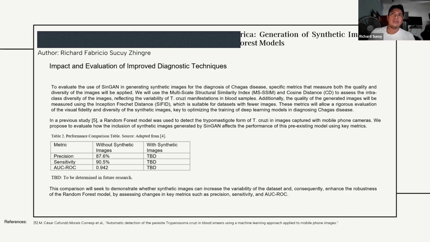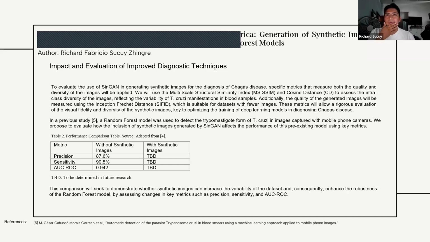Because I was researching on the web, and I found a research investigation about random forest models and their application to Trypanosoma cruzi.